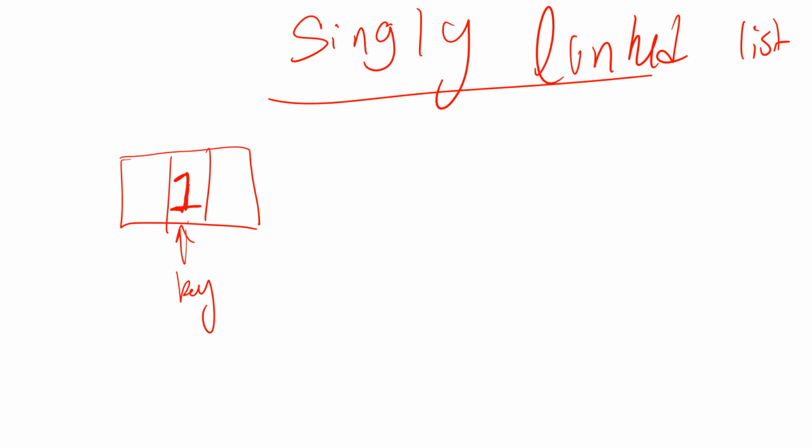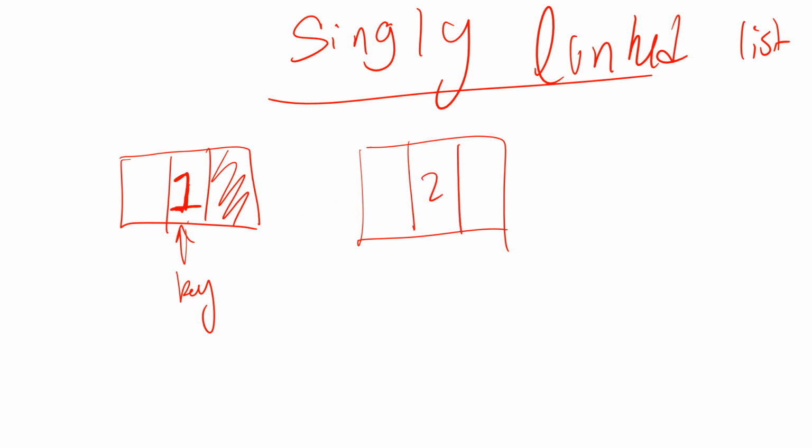It points to another node. That's what we represent by the pointer, and that's why this box is the next. Let me represent it a little more rigorously. We'll do 2 here, right? It points to this node right here.